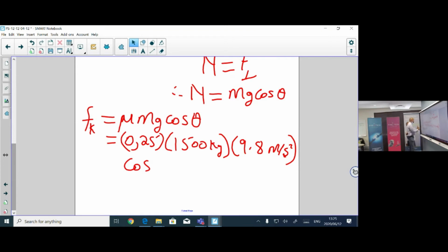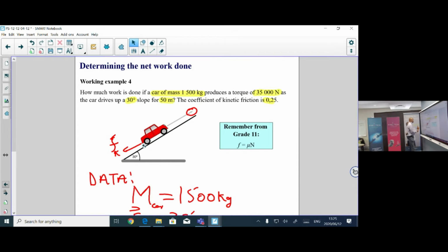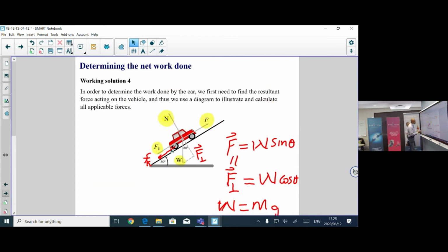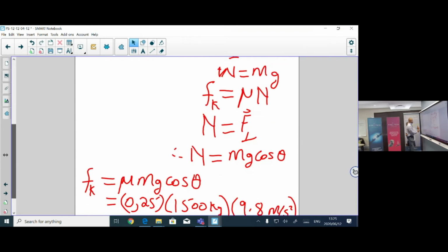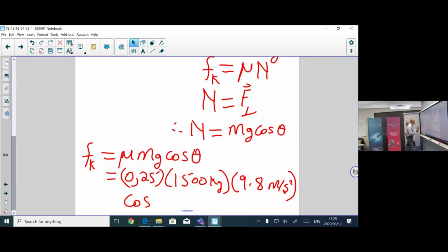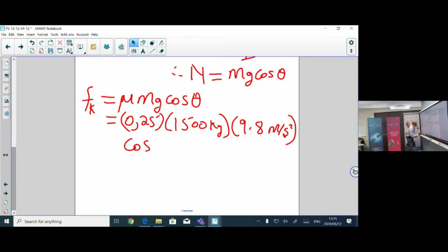Theta there is 30 degrees. If we look at this, we have managed to substitute mu, m, g, and theta.